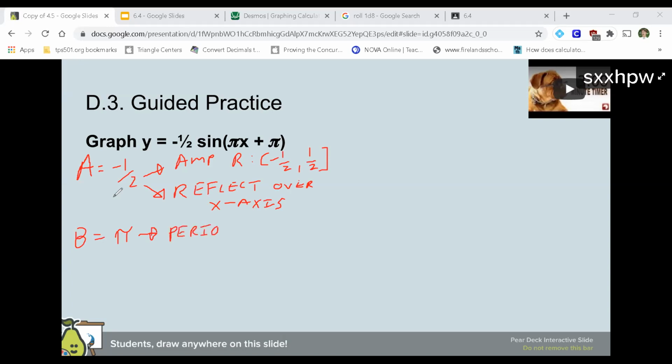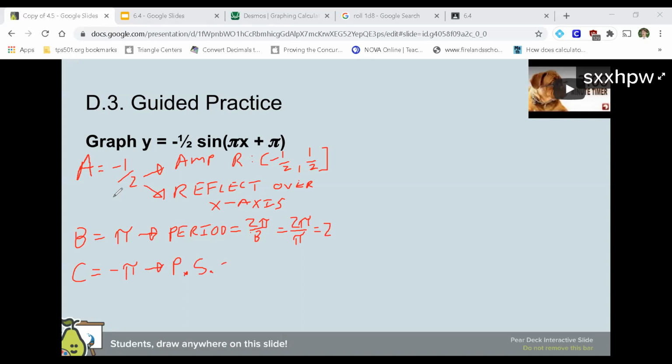And again, we have to do a little formula, 2 pi divided by b, which for our problem is 2 pi divided by pi, which is 2. Our c value is negative pi. So what does that tell us? The phase shift, which is like your horizontal translation left or right.